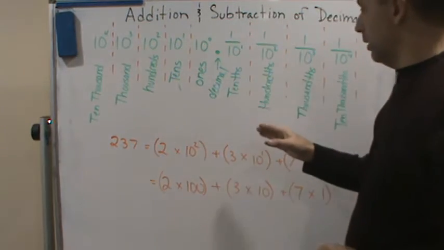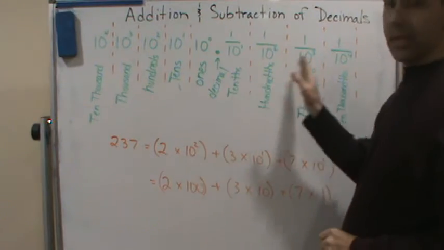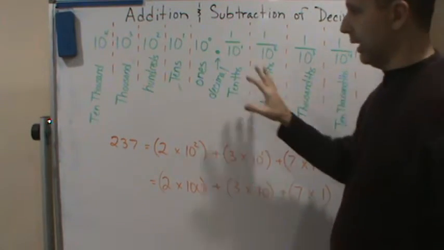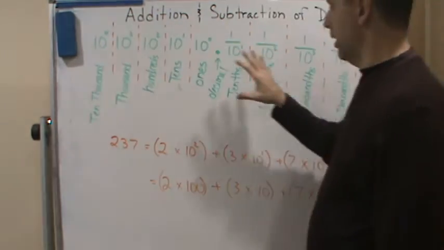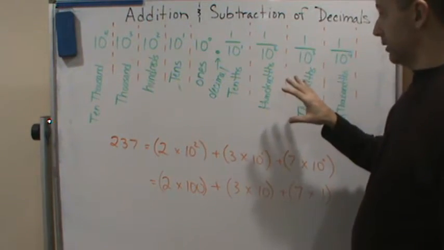The decimal part here represents the fractional part, so this is the whole number part plus the fractional part.